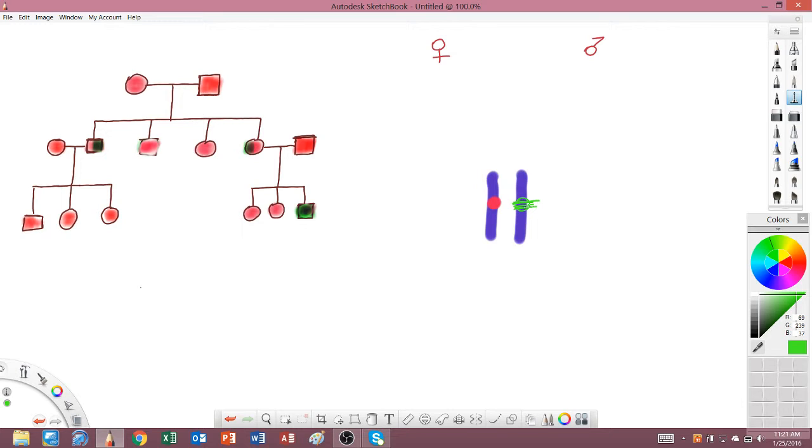Imprinting can give you 2 possibilities, 2 diseases of the same chromosome. If the deletion is on the dad's gene and inactivation on the mom's gene, it's called Prader-Willi. Let's flip it now. If the deletion is on the mom's gene and the inactivation is on the dad's gene, it's known as Angelman.